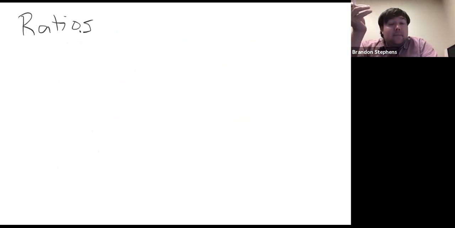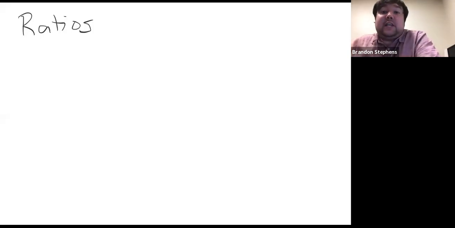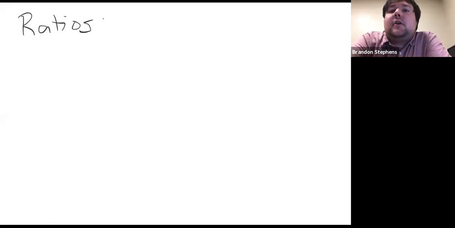Now let's get into ratios. Ratios typically are very similar. It's still about that concept of having 2 things be equivalent, but you don't necessarily have to have the different units on there.